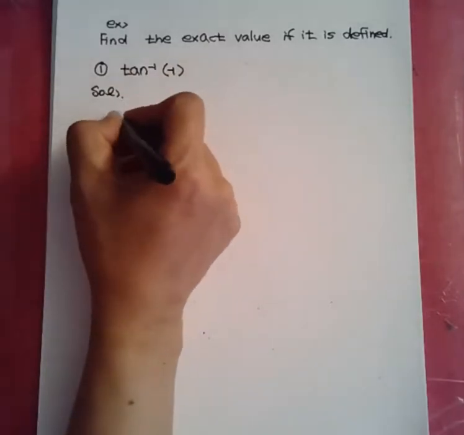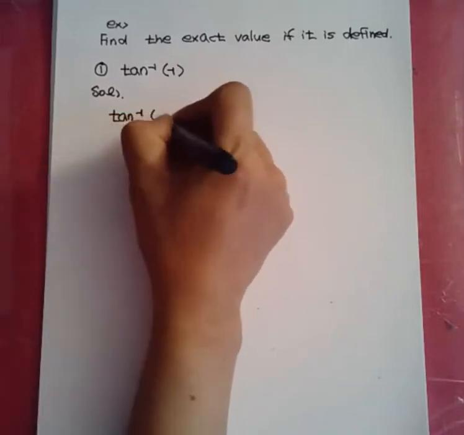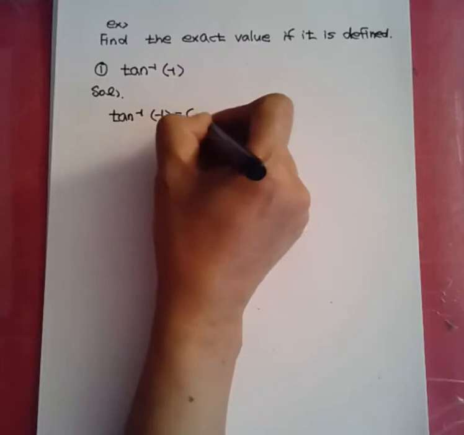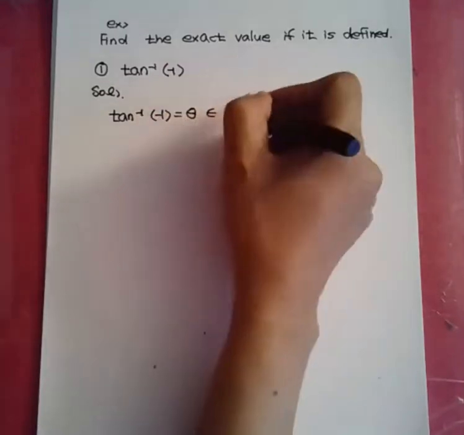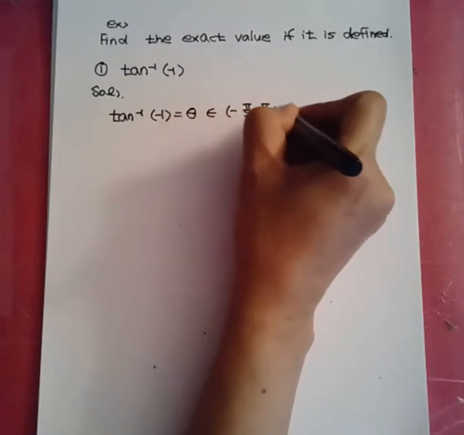Let's just follow through the definition of inverse function. Tangent inverse of minus 1 equals theta. We were thinking about minus pi over 2 to pi over 2.